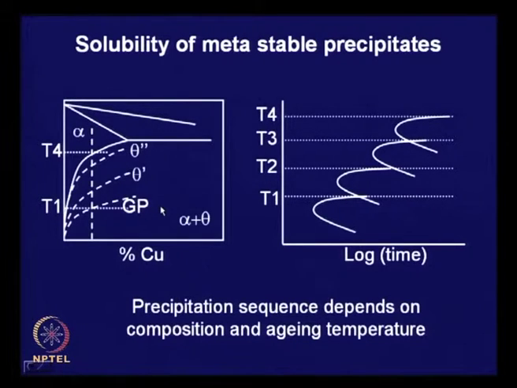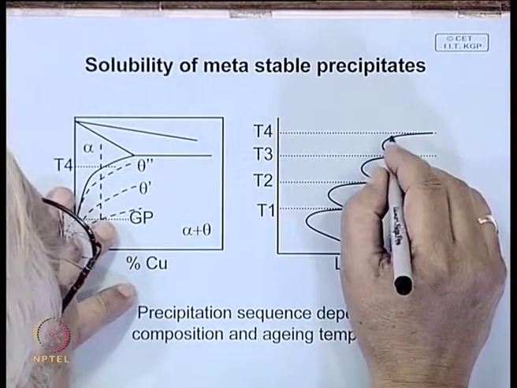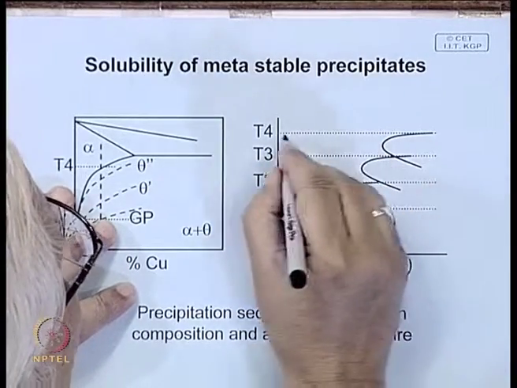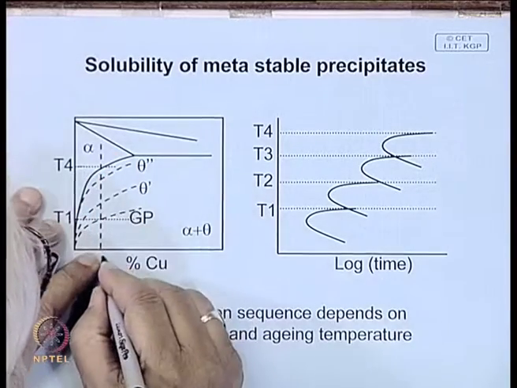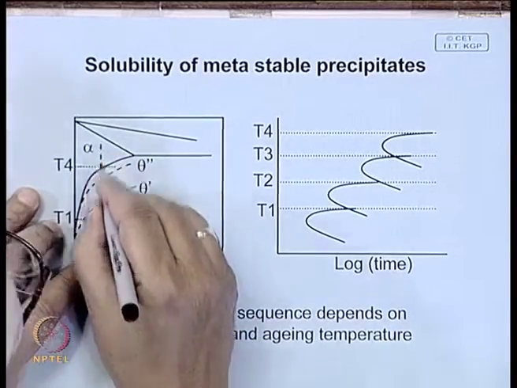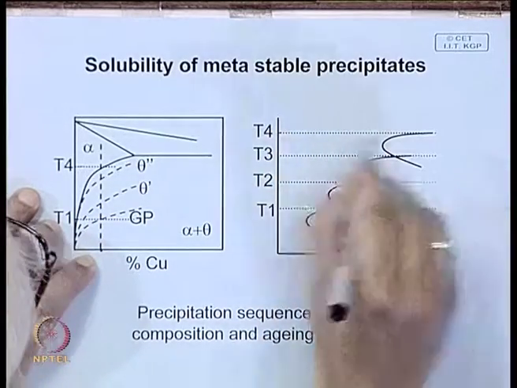The process of precipitation is a time dependent process. The rate of nucleation will depend on the magnitude of undercooling. If you look over here, this is the alloy, let us say of a particular composition, and we have kept it at temperature T4.